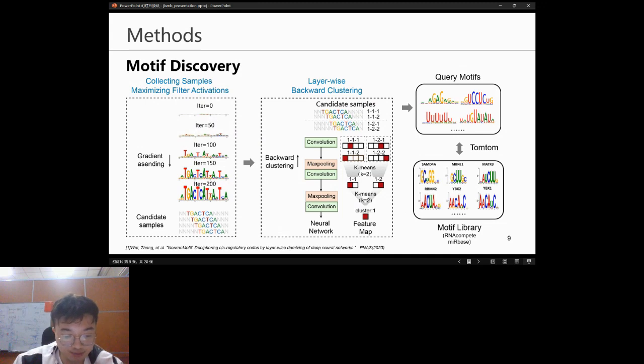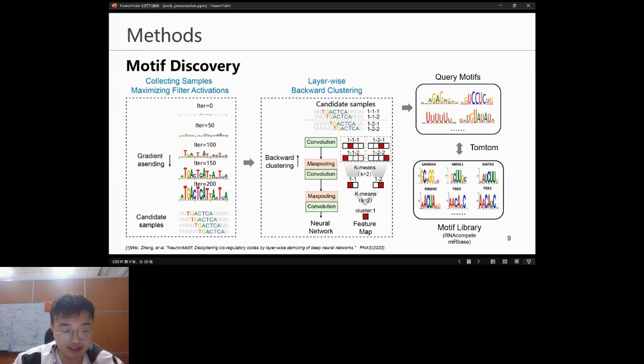The first step is sampling, as can be seen from the left part of the picture, where for a specific neuron or a filter, we need to collect representative samples from the sample space that result in varying activation levels for that neuron.